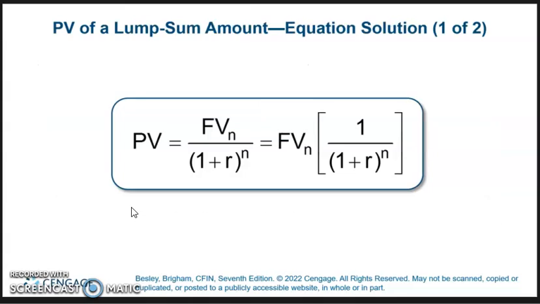So that's the timeline method. If we want to use a formula, the present value is just the future value divided by 1 plus r to the n.